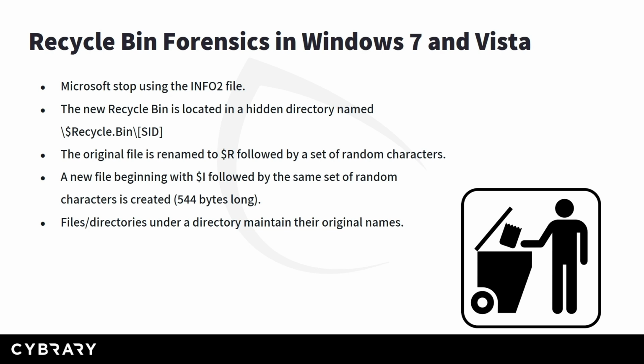When using the information contained in the $I file for forensic purposes, you can see that all files found under the $R directory structure within the recycle bin were deleted at the same time. If a file was previously deleted out of the now deleted directory, it will have its own $R and $I files and not be grouped with the files that were deleted as part of the directory deletion action.